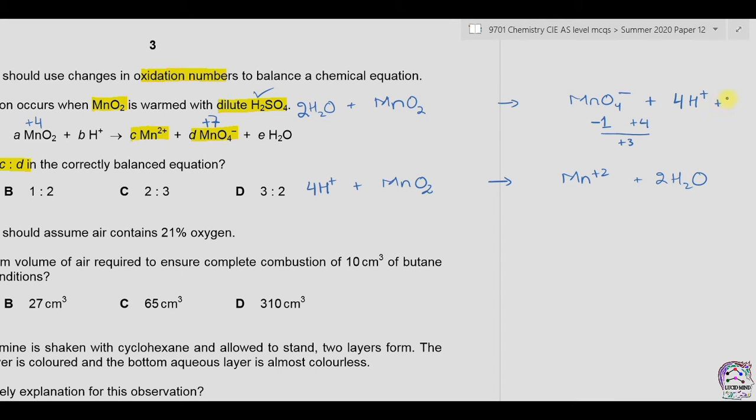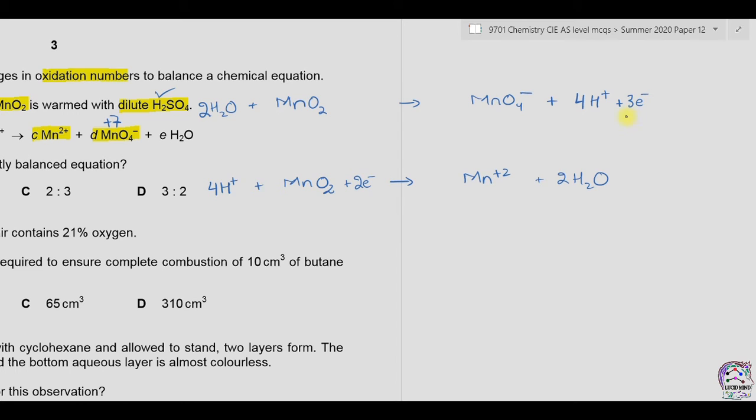So we can add 3 electrons so that this part also becomes neutral. In the second equation we have +4 charge and 0 charge on MnO2, +2 charge on Mn and 0 charge on water. So we can add 2 electrons to the reactant side in order to balance the charges on both sides of the equation.